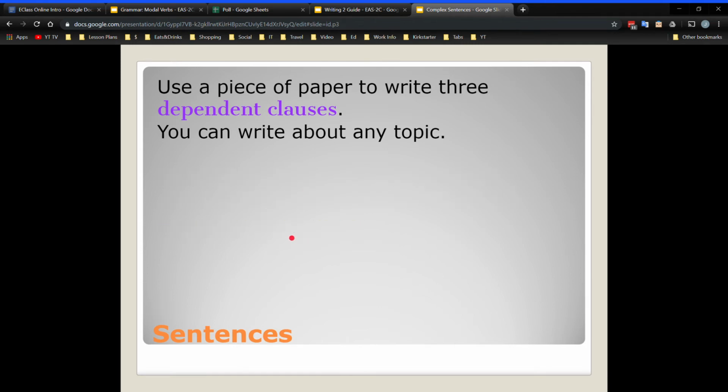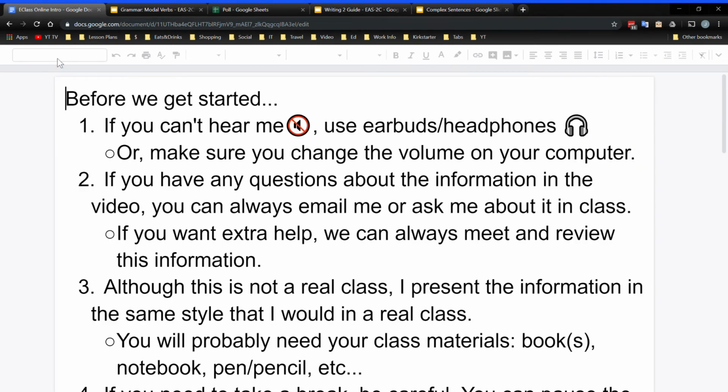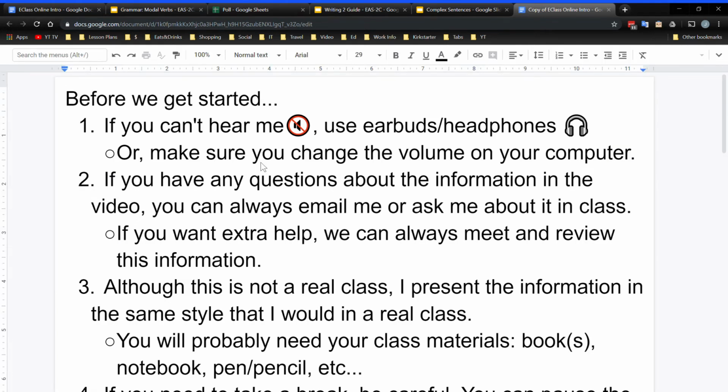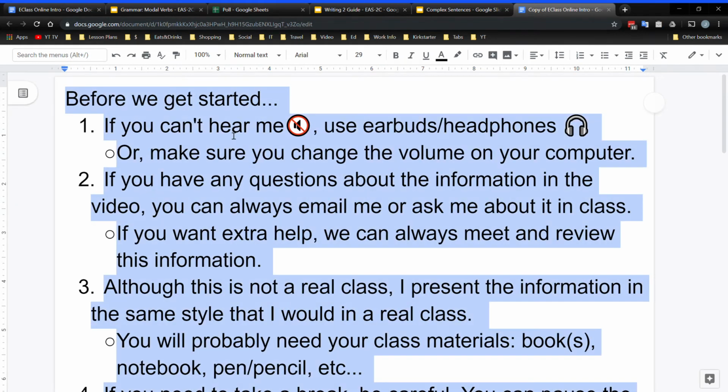So, your dependent clauses probably should look something like this.